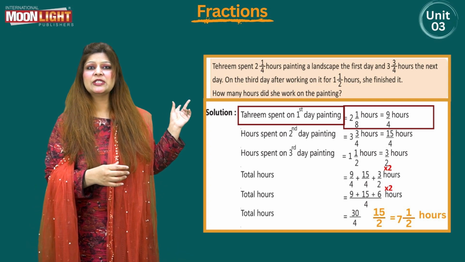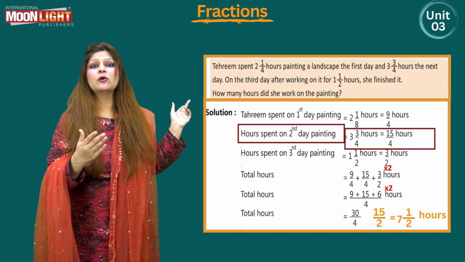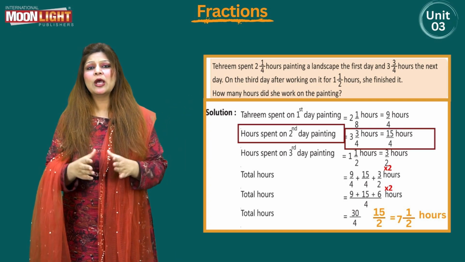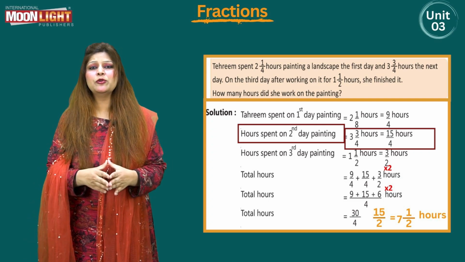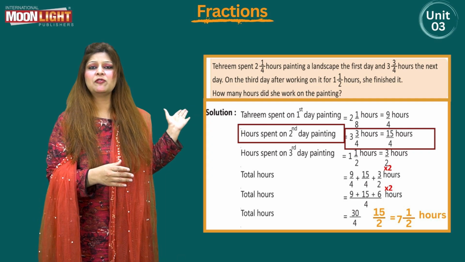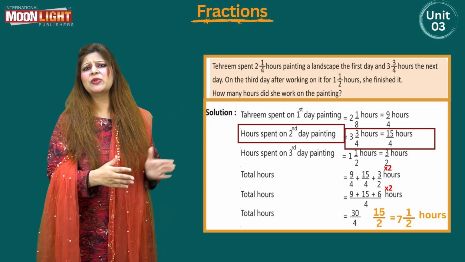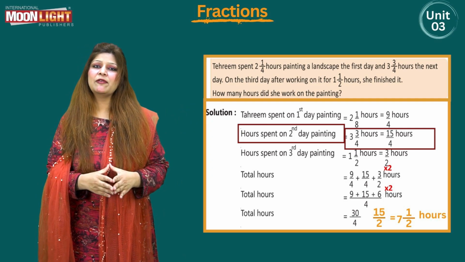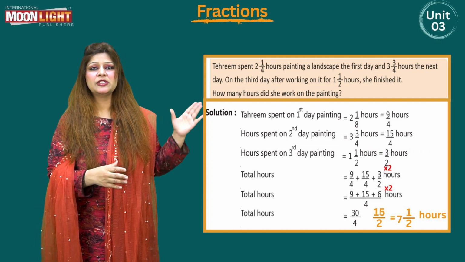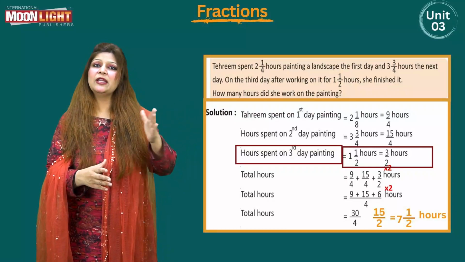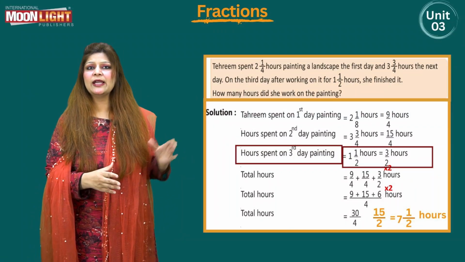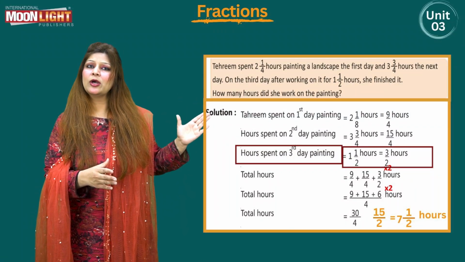Now, my dear students, I'm going to say hours spent on the second day on painting. I'm going to write it down as 3 whole 3 by 4 hours. Again I convert it into an improper fraction: 4 3s are 12, 12 plus 3 is 15, so 15 by 4 hours. Now the third statement: hours spent on the third day painting. You can also say painting hours on the third day.